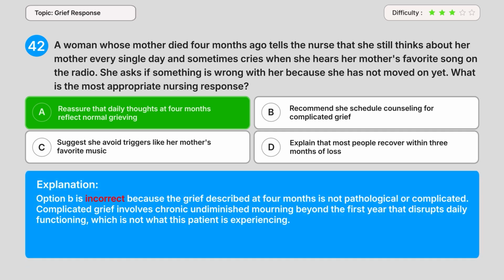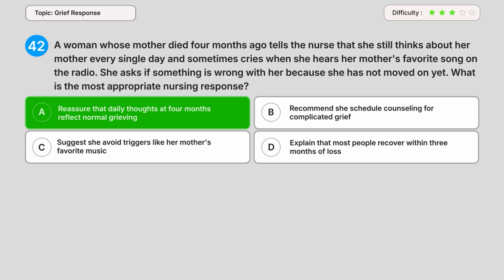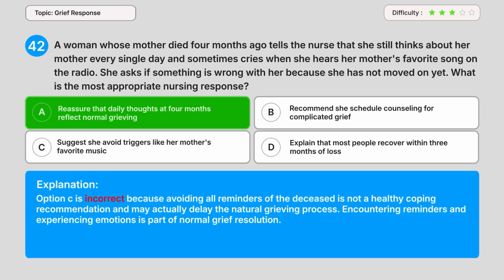Option B is incorrect because the grief described at 4 months is not pathological or complicated. Complicated grief involves chronic, undiminished mourning beyond the first year that disrupts daily functioning, which is not what this patient is experiencing. Option C is incorrect because avoiding all reminders of the deceased is not a healthy coping recommendation and may actually delay the natural grieving process.